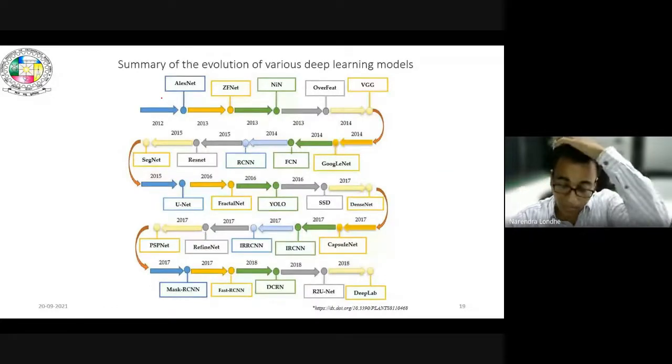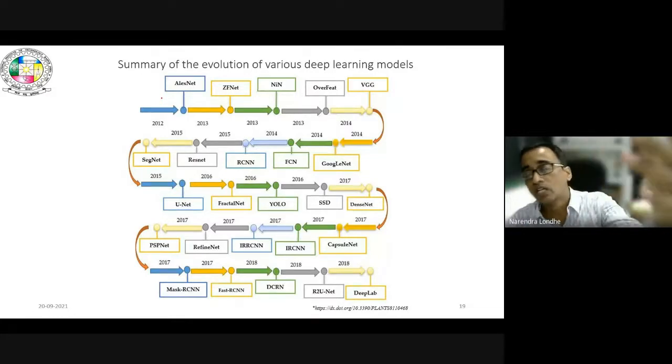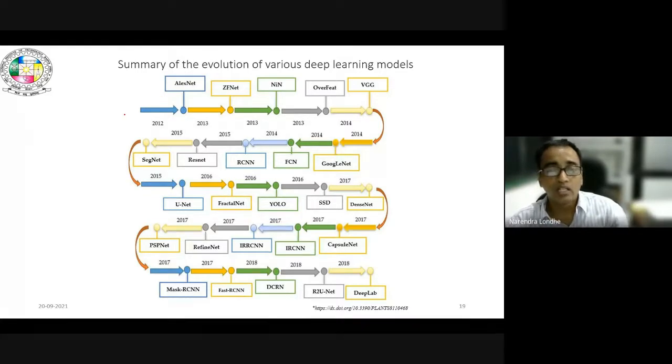Let me give you a brief about the evolution of deep learning. As I told you, this is the first CNN, developed at the beginning of the 20th century, and after that it developed further. People started developing AlexNet, then ZFNet in the year 2013, then NIN, Overfit, VGGNet, then GoogleNet, fully convolutional network, recurrent neural network, residual network, segmentation network, UNet, YOLO, SSD.